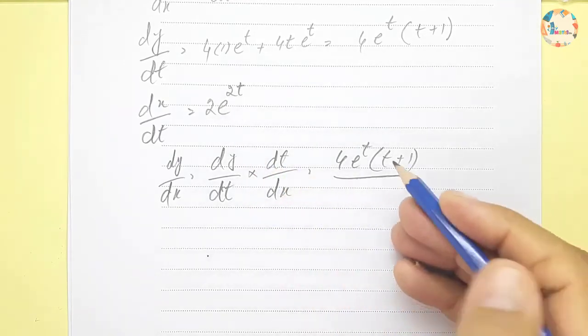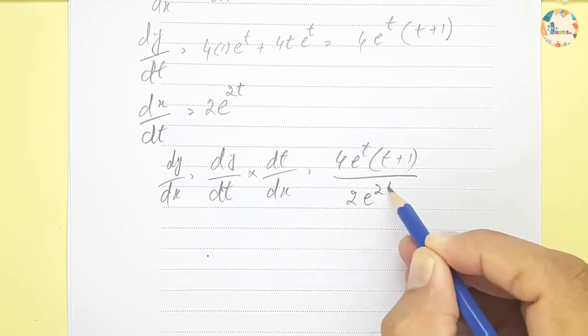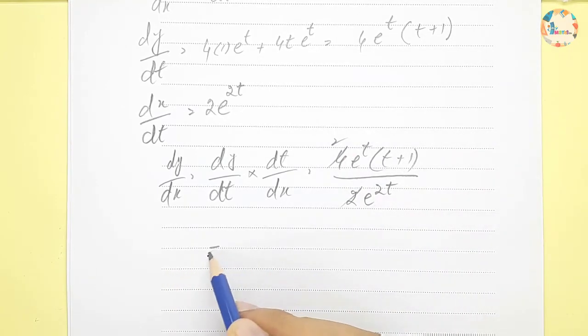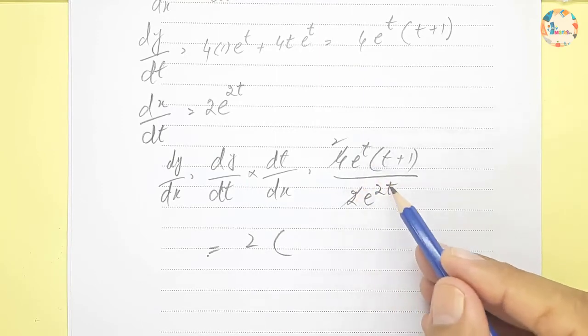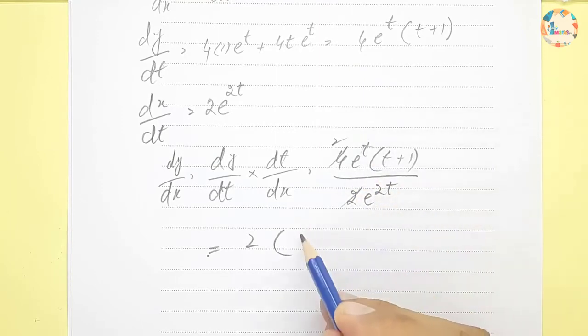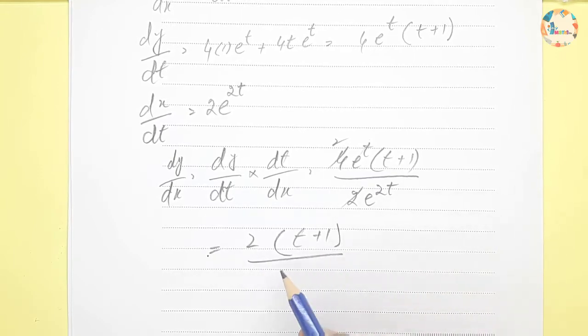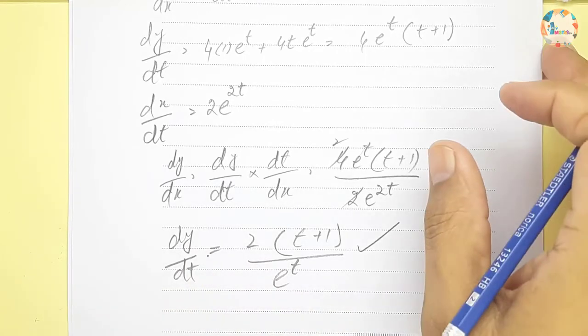We have to invert it, and this one will be 2e raised to 2t, and 2 can be cancelled, we'll get 2, and so final answer will be 2 into, basically e raised to t also will cancel with one, so it will be t plus 1 over e raised to the power t. This will be our answer. Hopefully you understood this question as well.